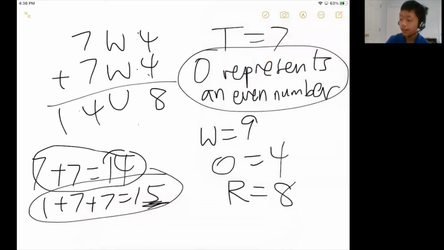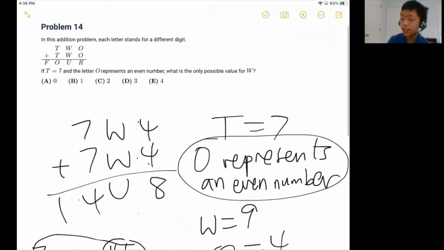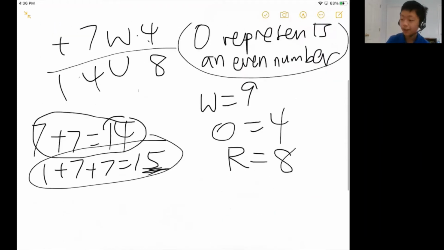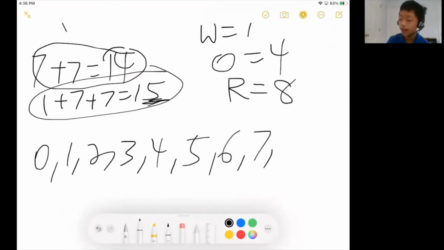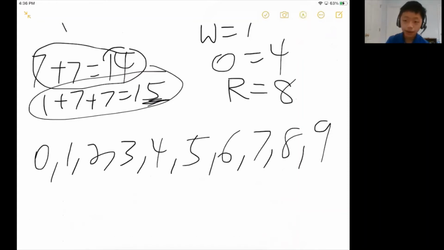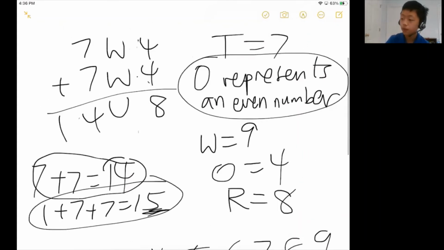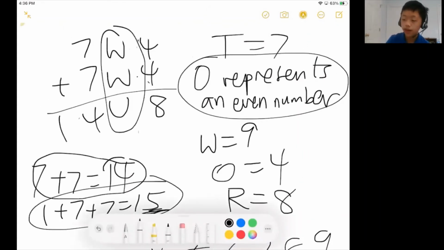And then the question told us that each letter stands for a different digit, and we want to know the only possible value for W. We have 10 one-digit numbers, so we have 0, 1, 2, 3, 4, 5, 6, 7, 8, 9. Clearly W plus W in this column, we're not allowed to do any carrying.